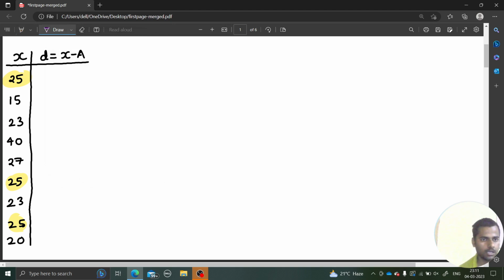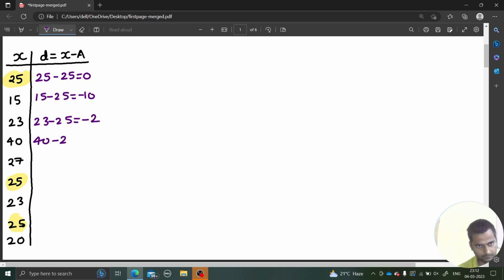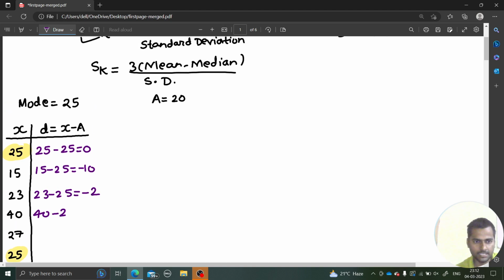So now the deviation from this assumed mean, we'll calculate the difference from the assumed mean for all the values. For the first it is 0, 15 minus 25 is minus 10, 23 minus 25 is minus 2. Oh, sorry, I took the assumed mean as 20. No problem, I'm changing it to 25 now.